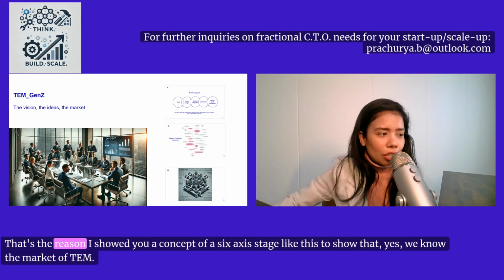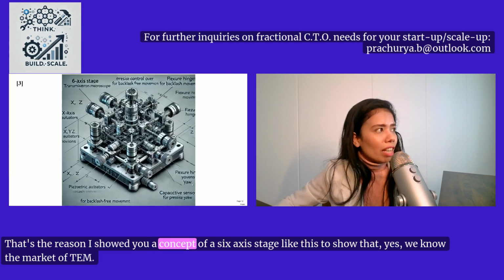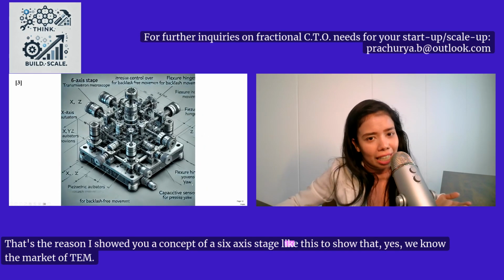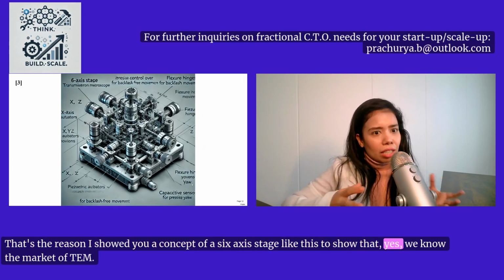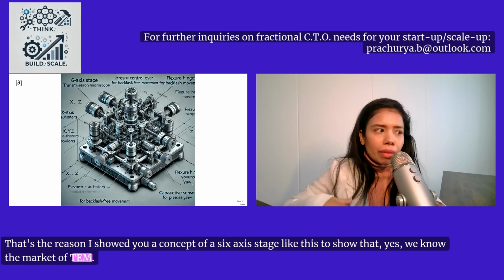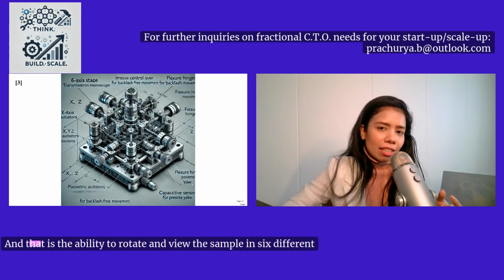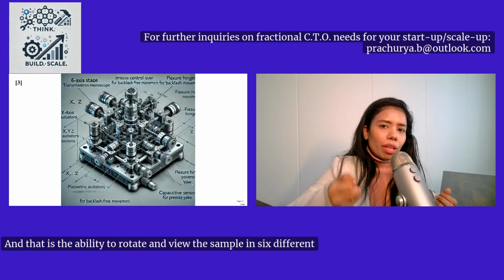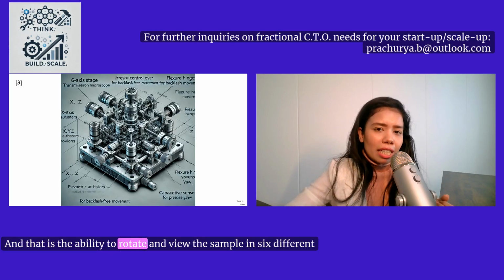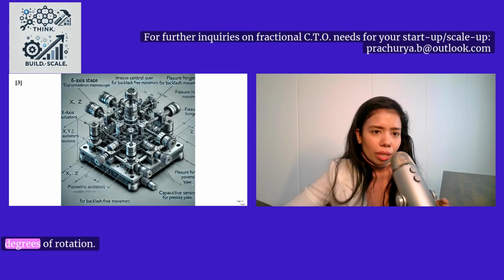That's the reason I showed you a concept of a 6-axis stage like this, to show that, yes, we know the market of TEM. It's nothing new, but we are adding something new to it, and that is the ability to rotate and view the sample in 6 different degrees of rotation.